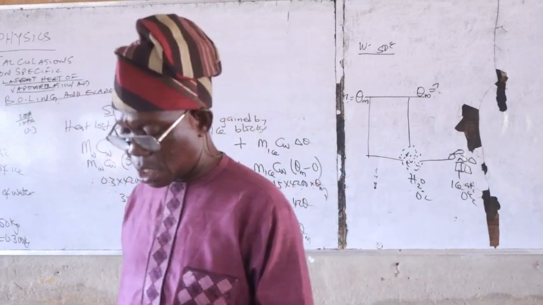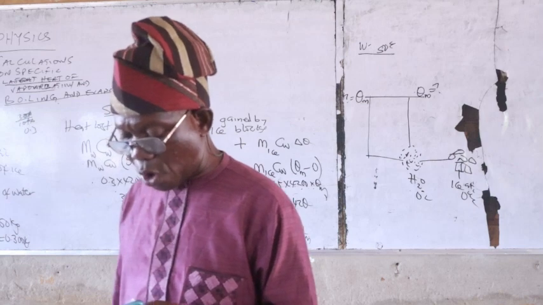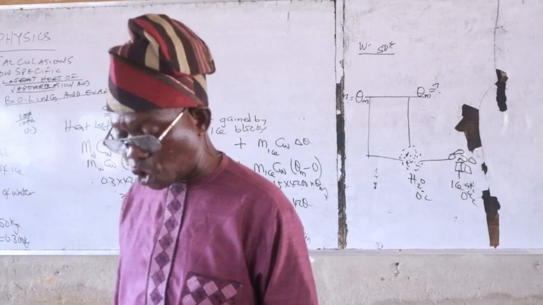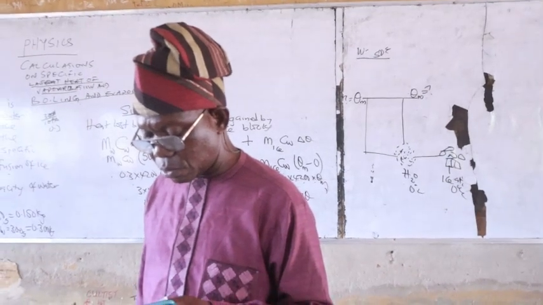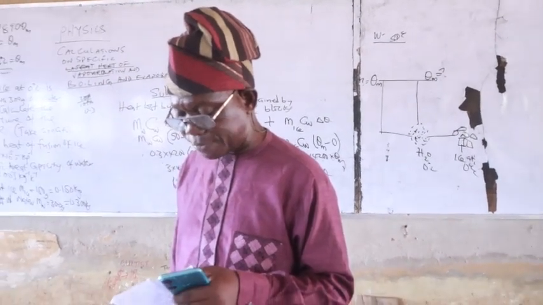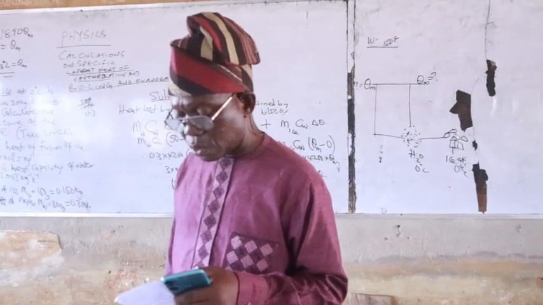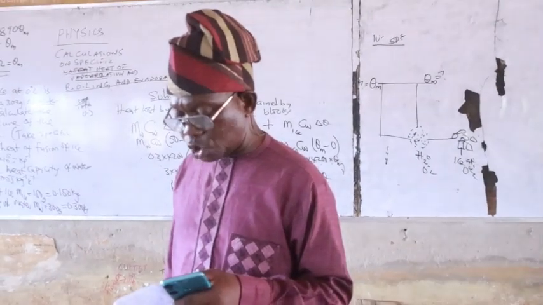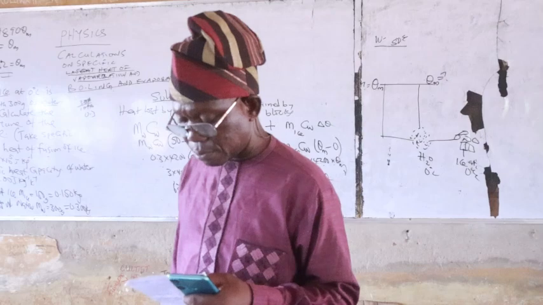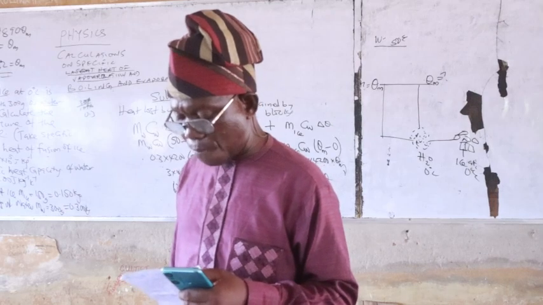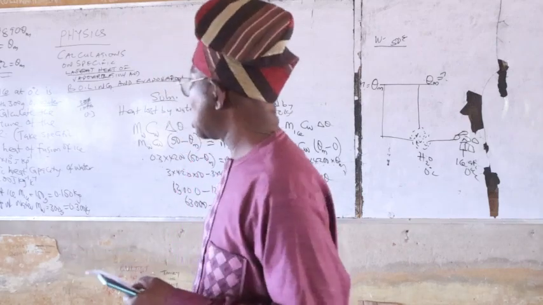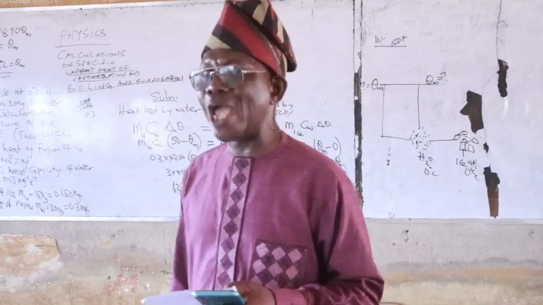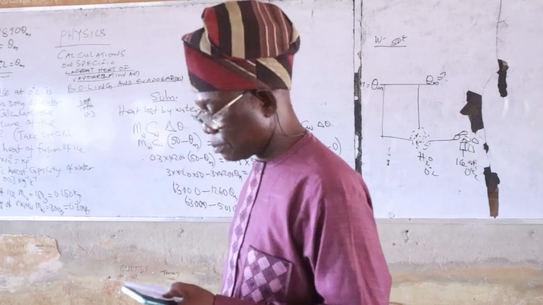1. 2.52 times 10 raised to power 4 joules, 0.3 kilogram, and 20 Kelvin.